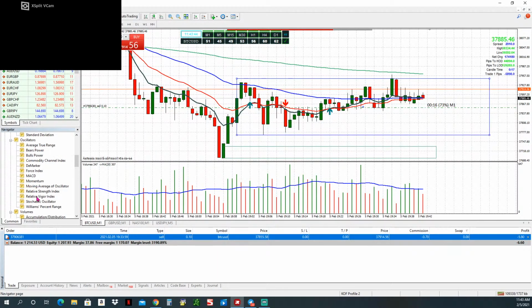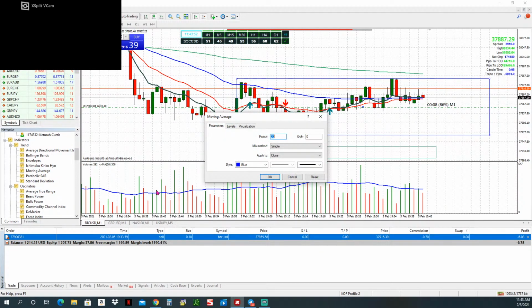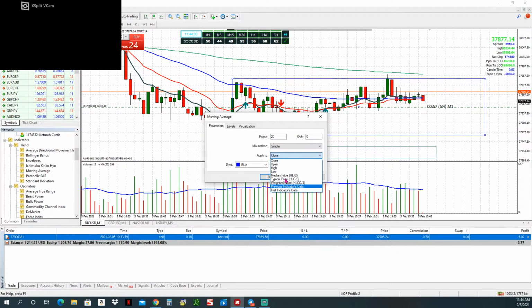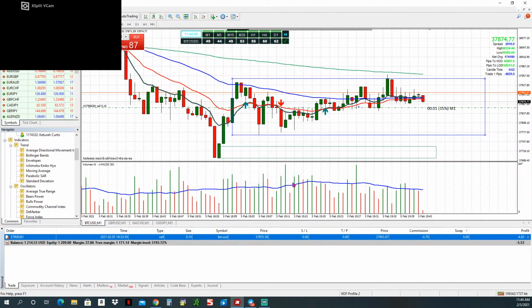And then you also want to go over here, not up here, to grab your moving average. Bam, do that. This would be a 20 simple moving average that you will apply to the previous indicator's data. Whatever color you like, I have blue. Yeah, but you gotta drag it over here for that to work, which is fine.